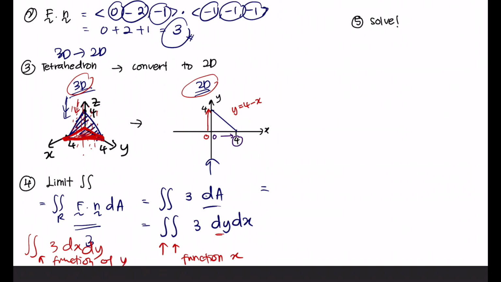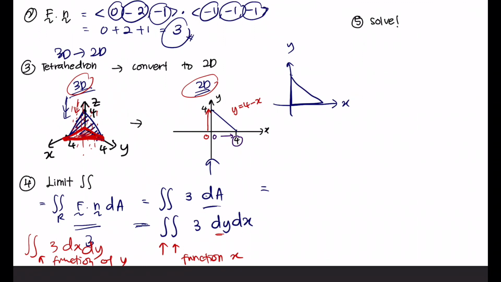If we consider this integration of dy and dx, we have this figure in the xy axis. We want to consider the limit for y.